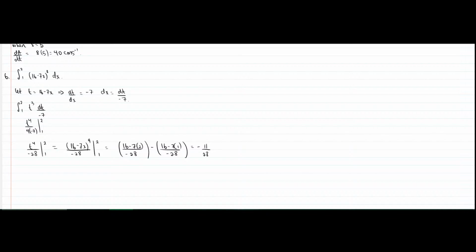So that will be minus 2 plus 11. This is minus 2 over 28, and this fella becomes plus 16 minus 7, which is 11 over 28. Minus 2 plus 11 is 9 over 28. And that's supposed to be the answer there, 9 over 28.